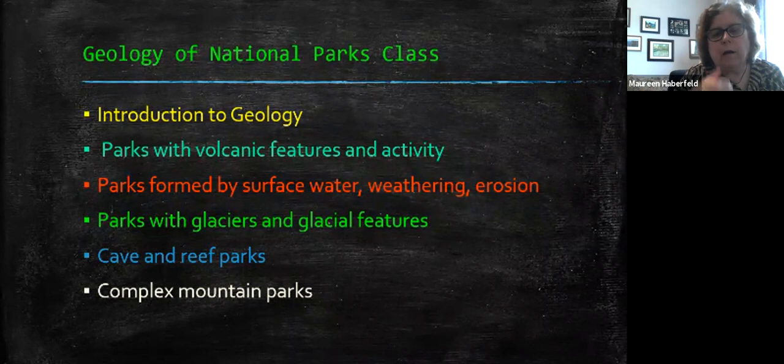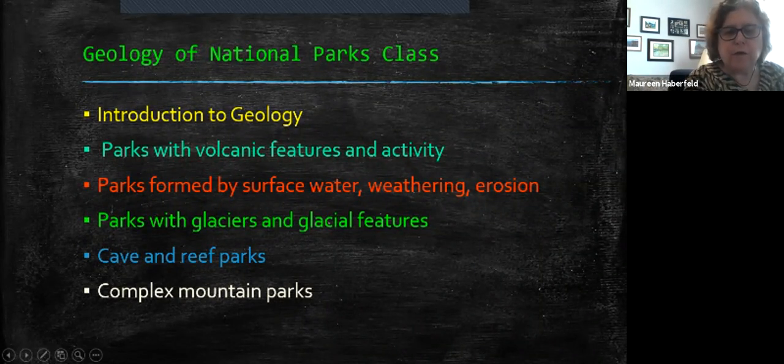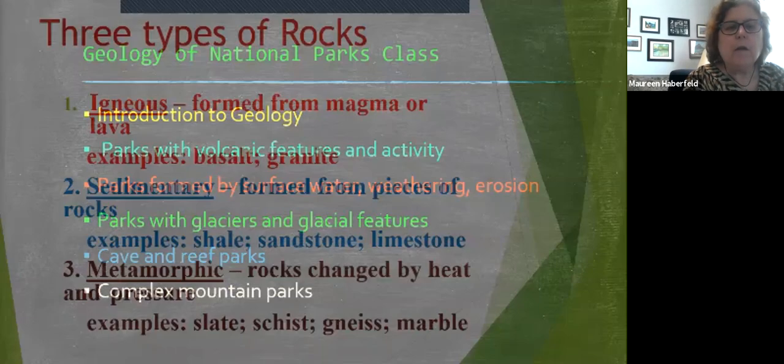So that would be like parks in the Colorado Plateau, like the Grand Canyon, Bryce, Zion, and then parks with glaciers and glacial features, cave and reef parks, and complex mountain parks. Some of these classes take more than a session, so even though there's 6 topics, there's 8 different sessions in the course.